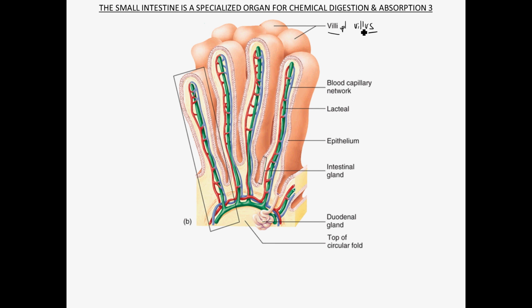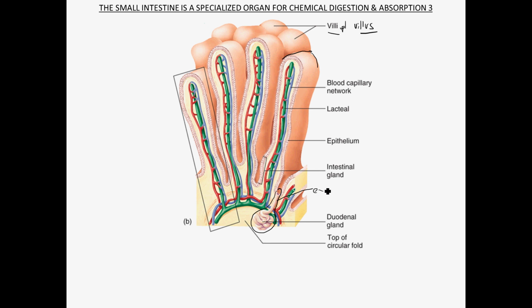So each villus, this would be one villus here, has on its surface individual cells, right? And those cells are simple columnar cells, those are epithelial cells. So at the base of the villus here, you're going to see a gland and a duct, and so this opens up to the outside world.